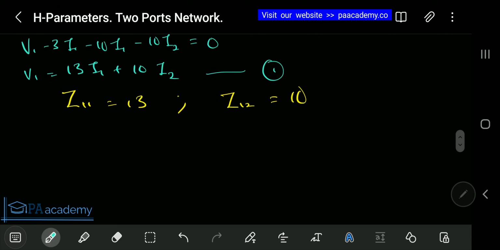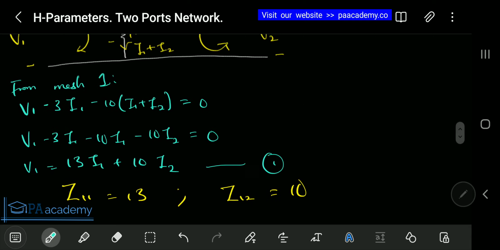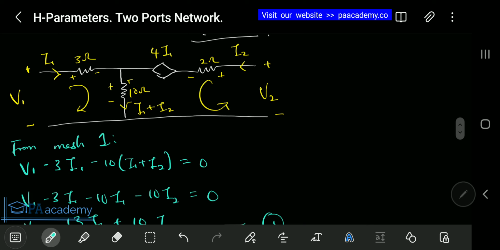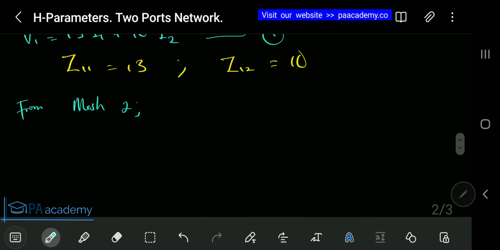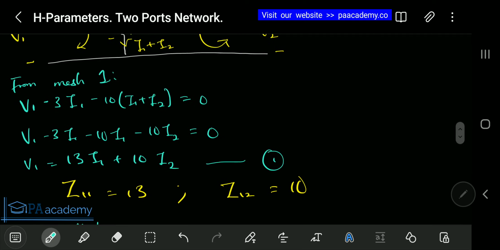So from mesh 2, now, that will be V2 minus, so minus 2I2. So we are going to be having V2 minus 2I2 plus 4I1. Exactly.